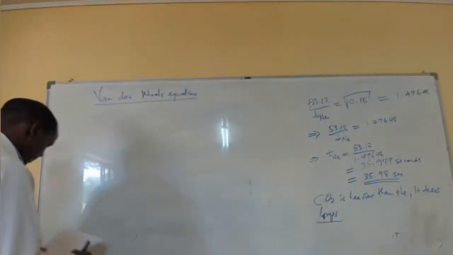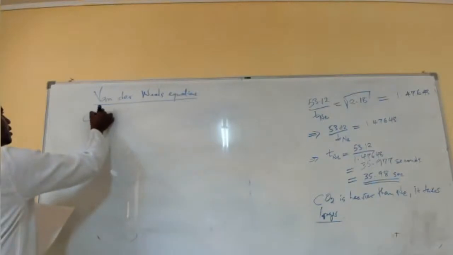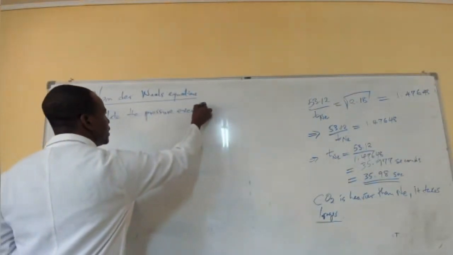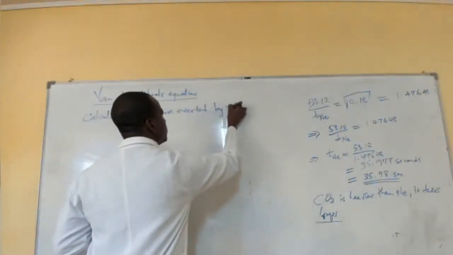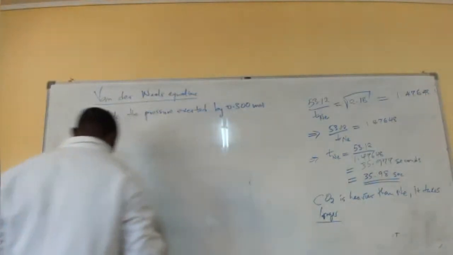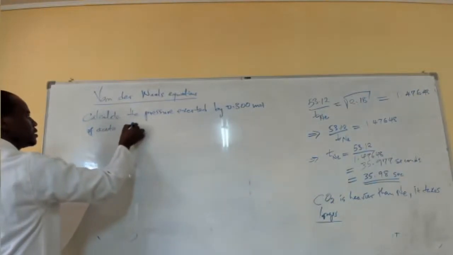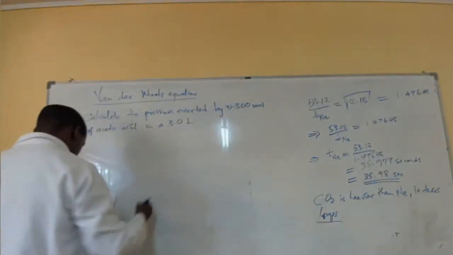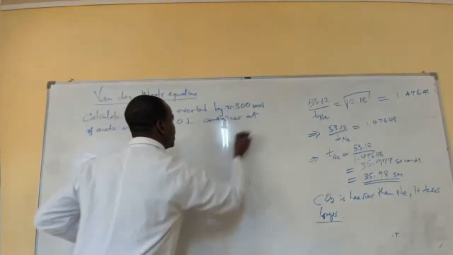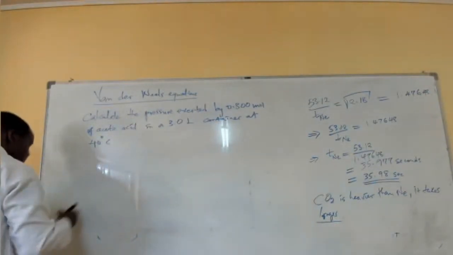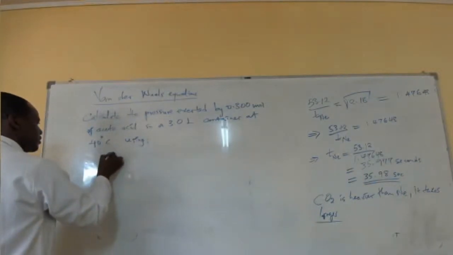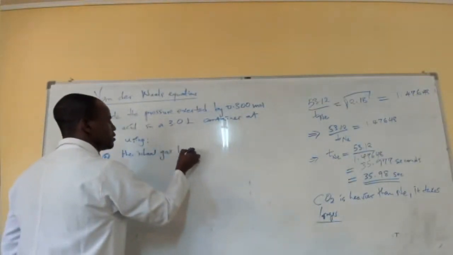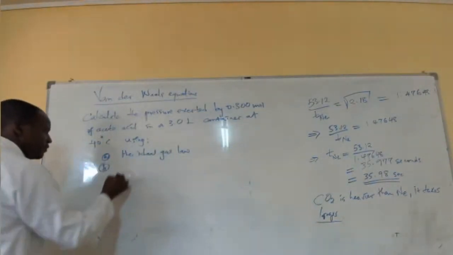As an example, we can say calculate the pressure exerted by 0.300 moles of acetic acid in a 3-liter container at 40 degrees Celsius using A, the ideal gas law, and B, the van der Waals equation.